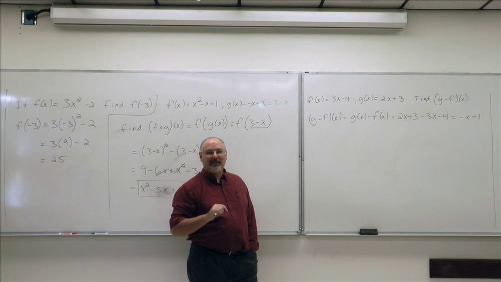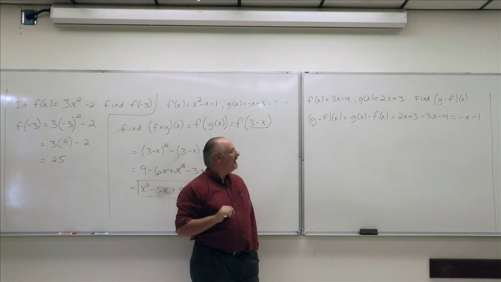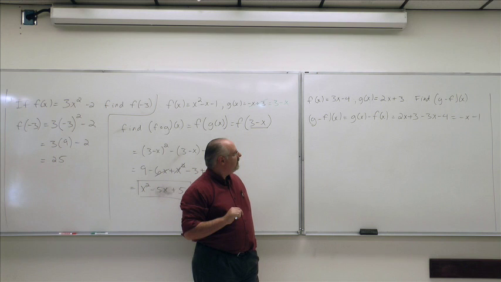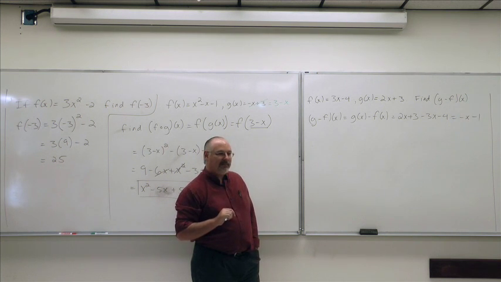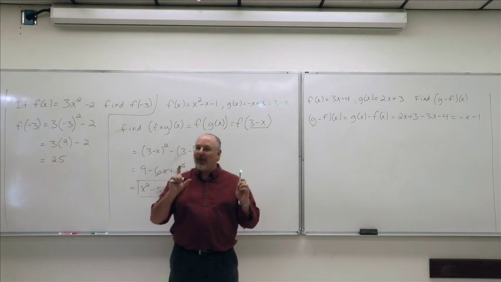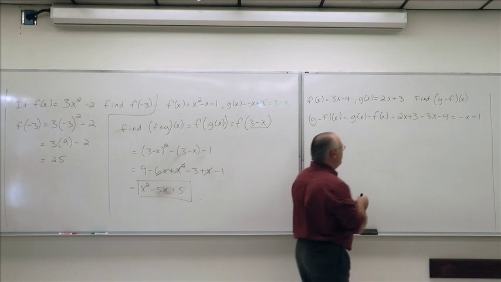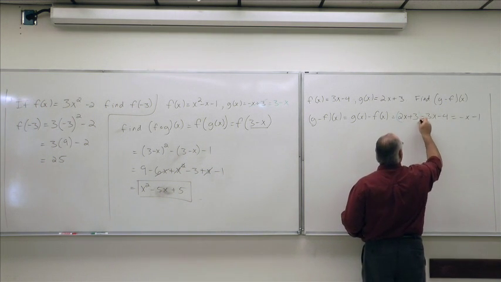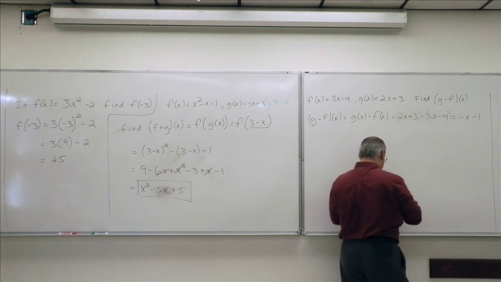No one's going to correct the mistake? Yeah, correct, it's plus 4. Why? Because it's two negatives. That's very important here: when you are subtracting functions, put them in parentheses.